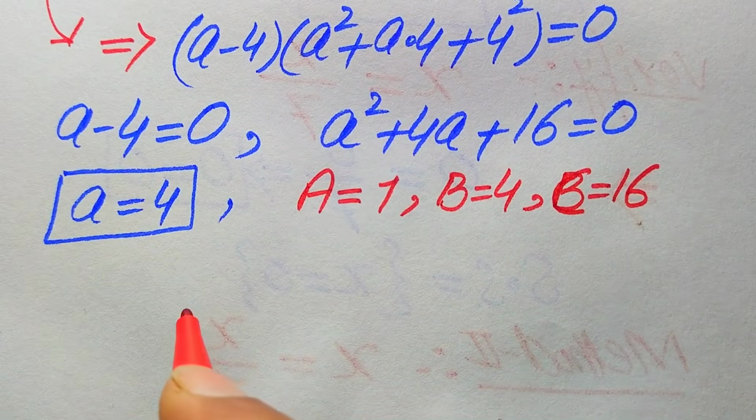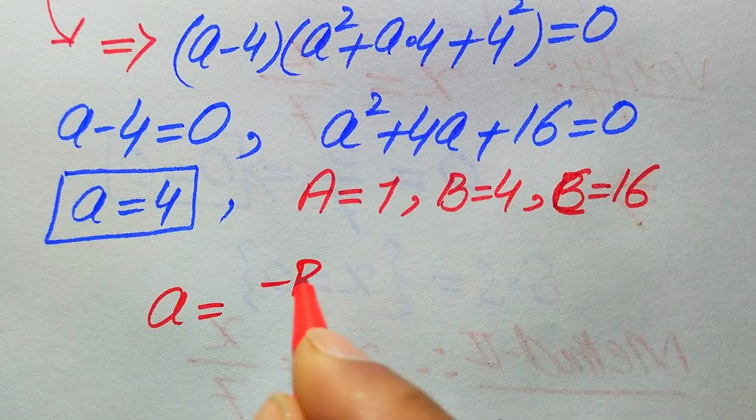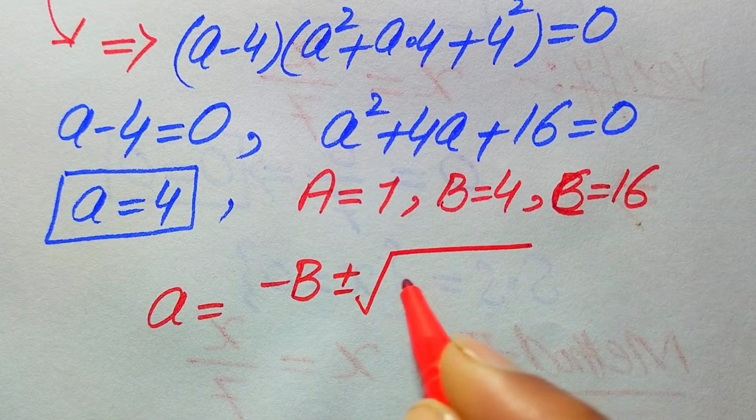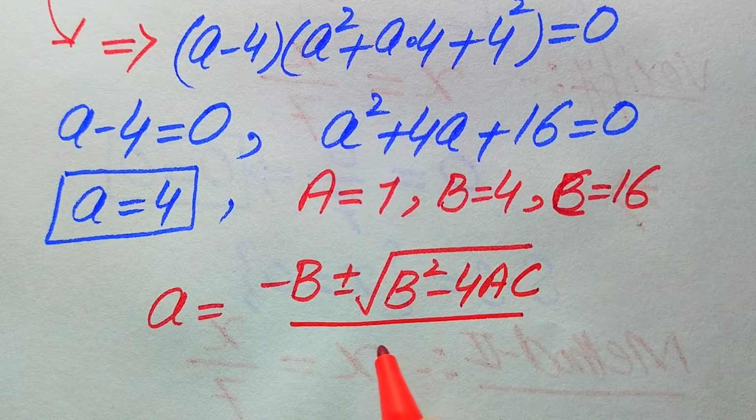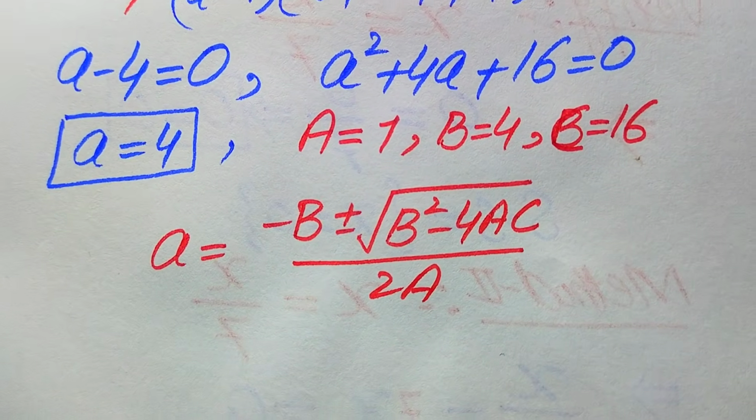We state the quadratic formula as a equals minus b plus minus square root of b square minus 4ac, divided by 2a.